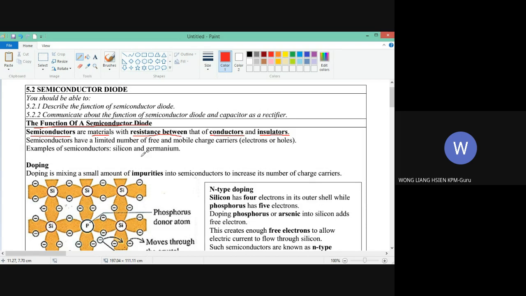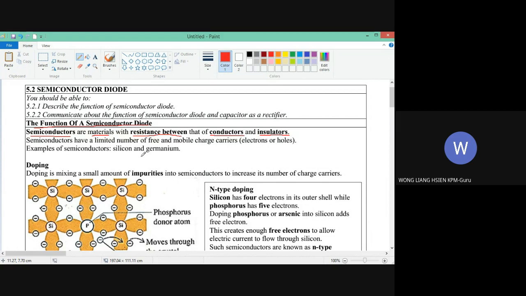There in that table, you can see that the resistivity of conductors are in one group of their own, semiconductors are in one group of their own, and insulators are in another group of their own. So the resistivities are very far away from each other.